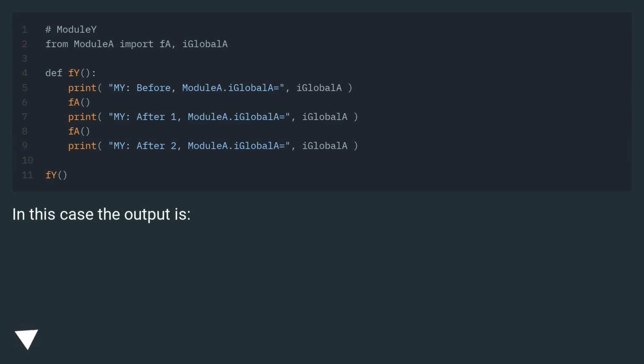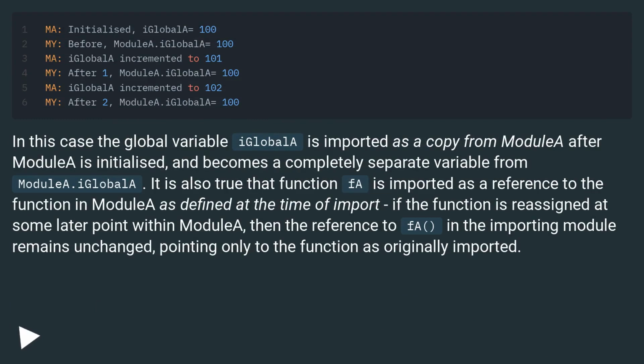In this case, the output is different. The global variable iglobala is imported as a copy from modulia after modulia is initialized and becomes a completely separate variable from modulia.iglobala.